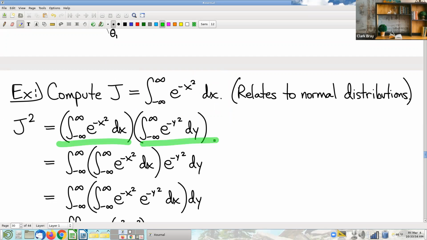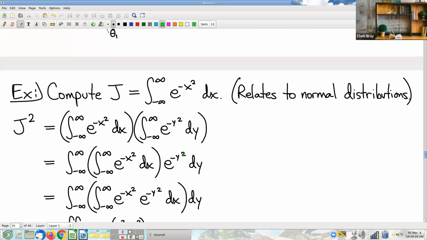Now you may object and notice that one of these copies of J is written with a different dummy variable, and I point out, yeah, right, dummy variable, doesn't matter, right? Both of these things say we're interested in a certain function, and we're going to let it range over the same values and multiply by the same width. We're just going to call them by different names as we're doing so. Doesn't make any difference.